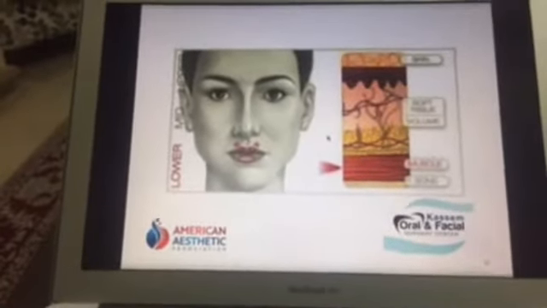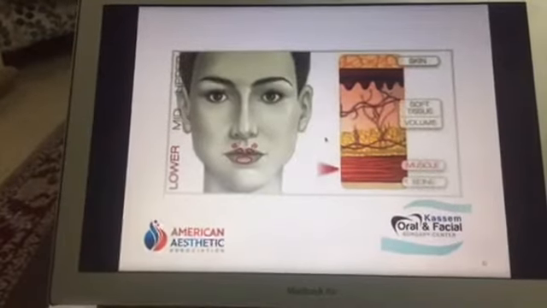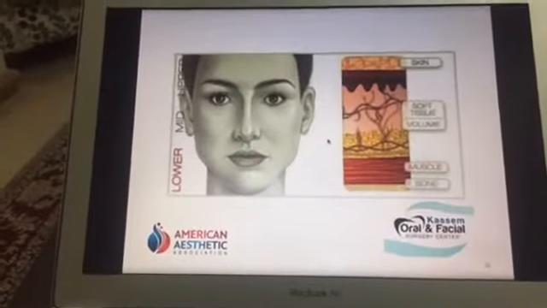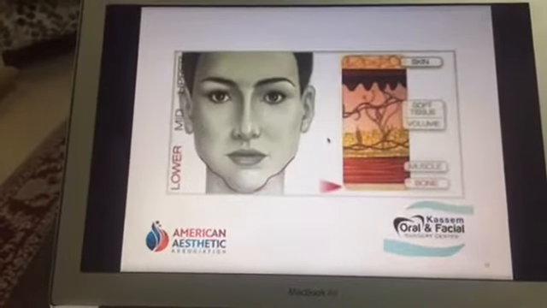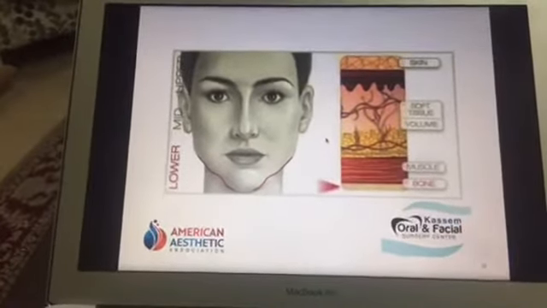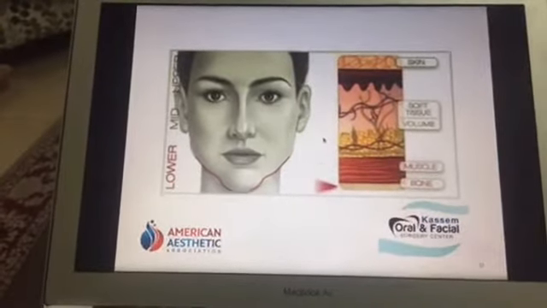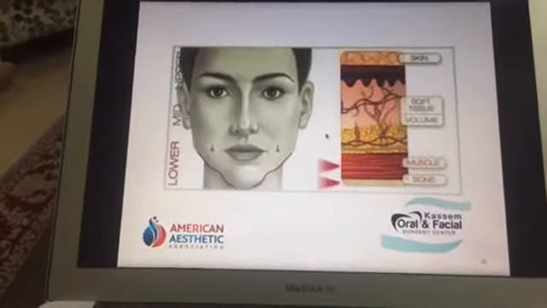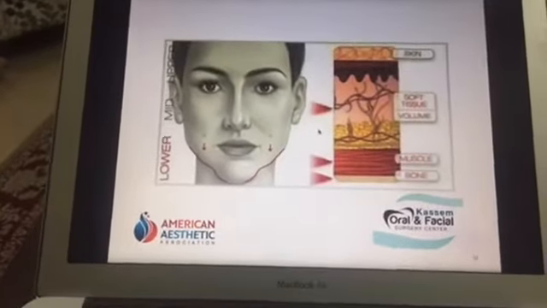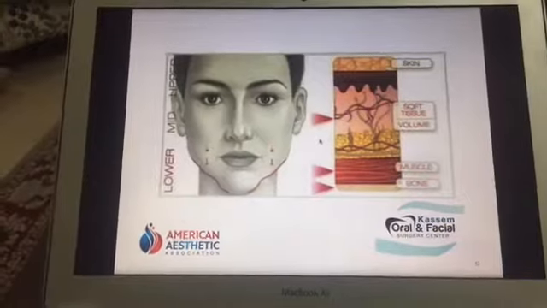There is loss of demarcation between the upper and lower lip. And this is what we call jowls. This is from laxity of the mandibular ligaments. And also there is sagging of the whole face. This is exactly what happens with aging.